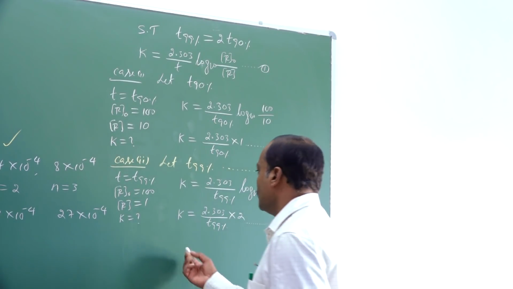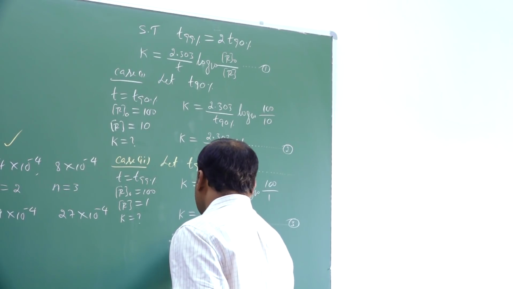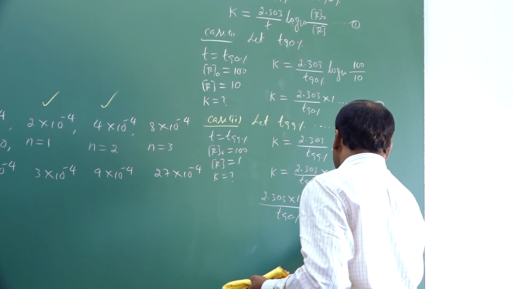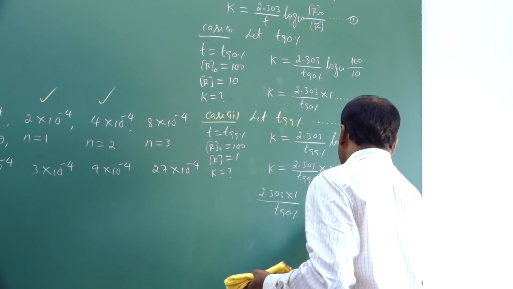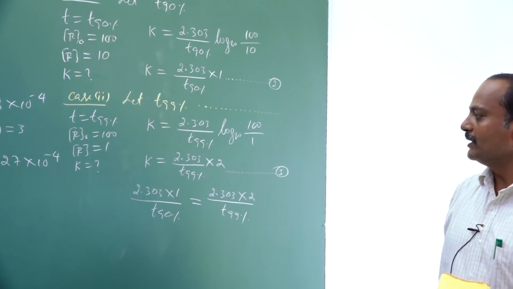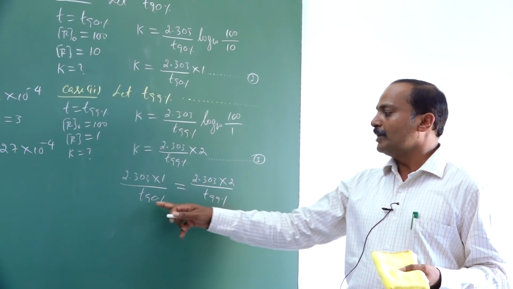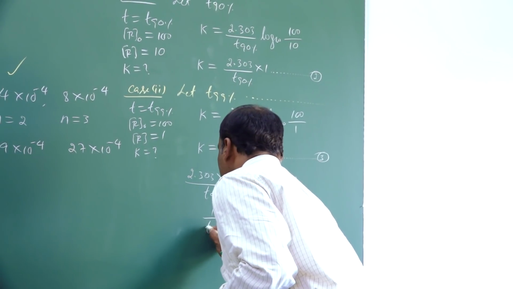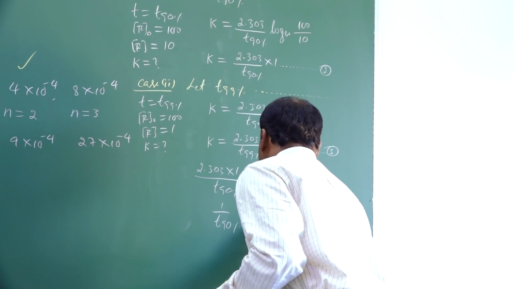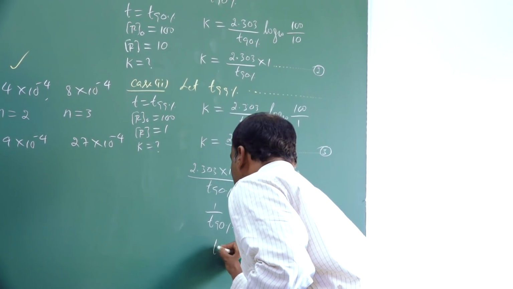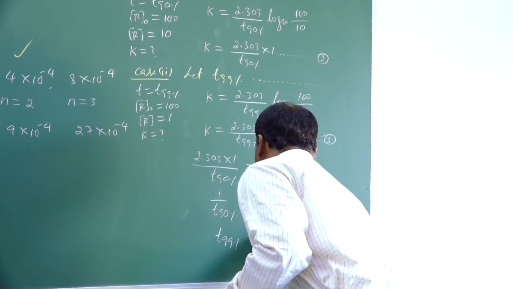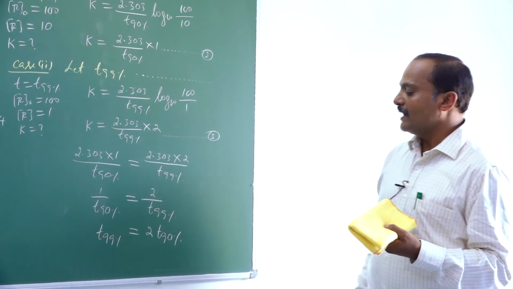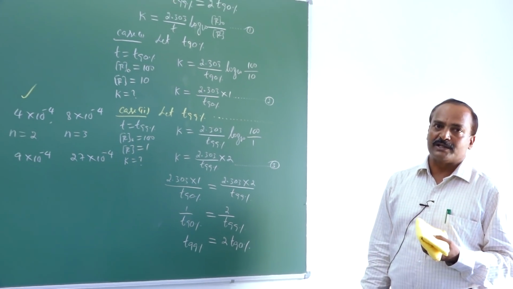Equating equation 2 and 3: 2.303 into 1 divided by T90% is equal to 2.303 into 2 divided by T99%. So 1 divided by T90% is equal to 2 divided by T99%. Then T99% is equal to 2 into T90%. So in a first order reaction, T99% is equal to 2 into T90%.